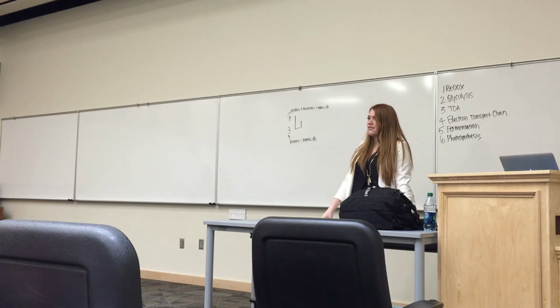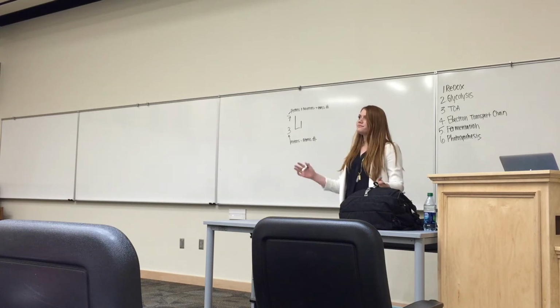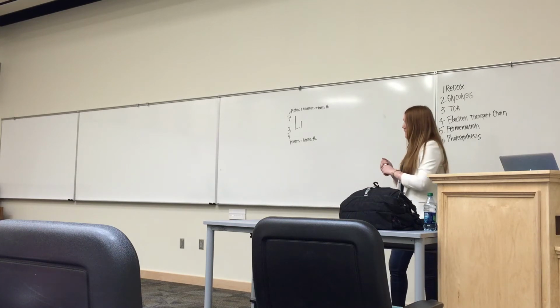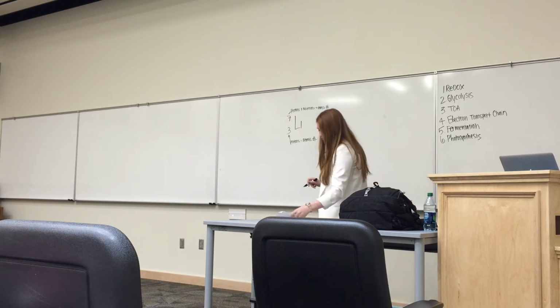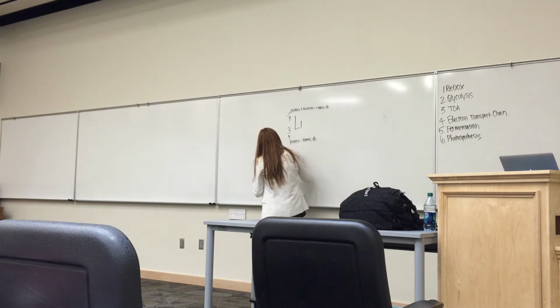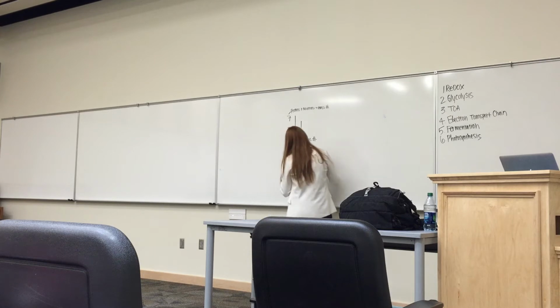What does something stable have? Good, it has a full octet, which for most atoms means 8 electrons in that outer shell. That's another thing that will be good to know, so I'll write it up because I can't learn anything if I don't see it on a board.